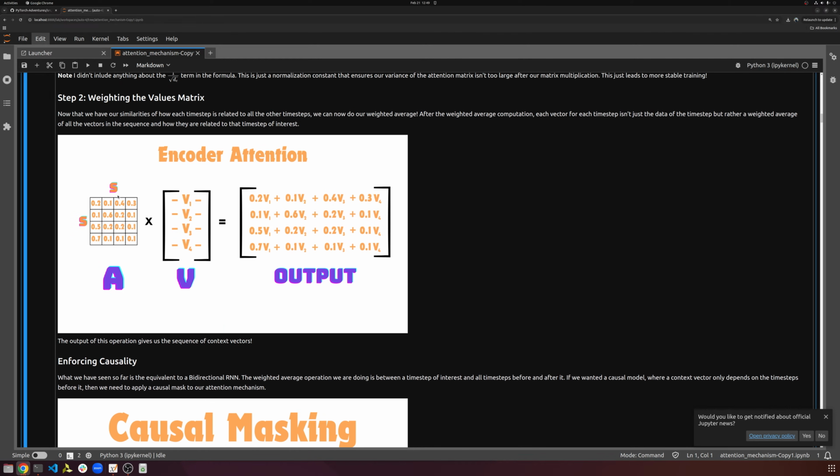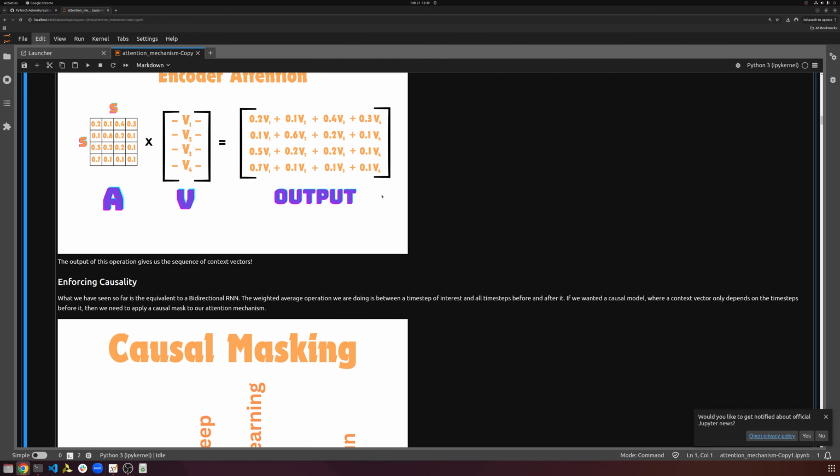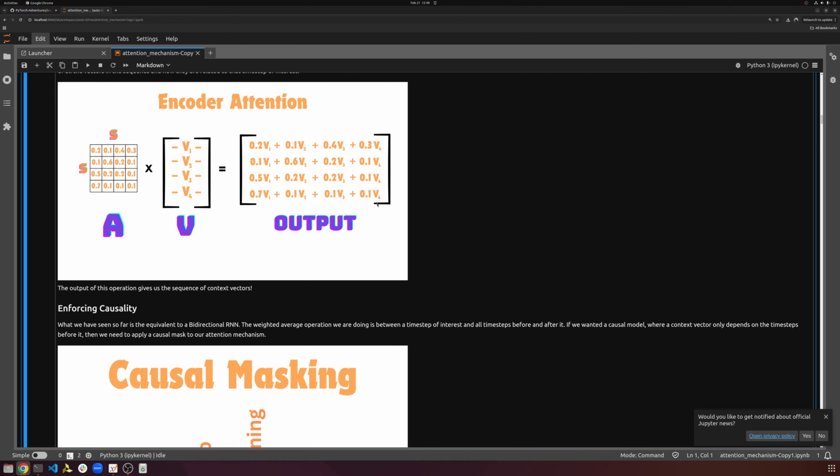And then, once we know the weights, go ahead and weight your values, which is just another projection, producing a new context vector. Basically, this would be our C1, how x1 was related to x1, x2, x3, x4. And then C2 will be the second row, how x2 was related to x1, x3, x4, right, all the other ones. So that's the main idea. And so the output of this operation produces our context vectors.